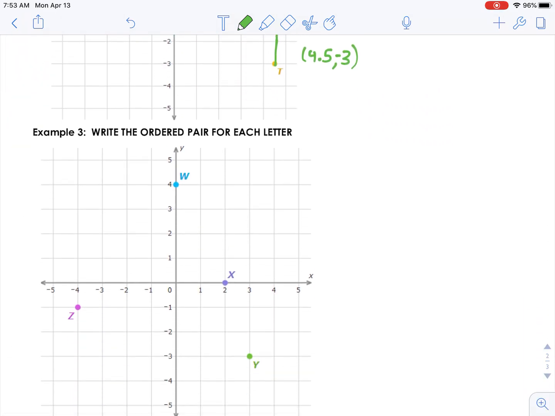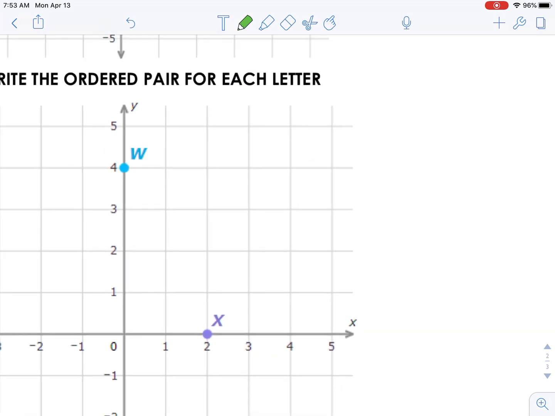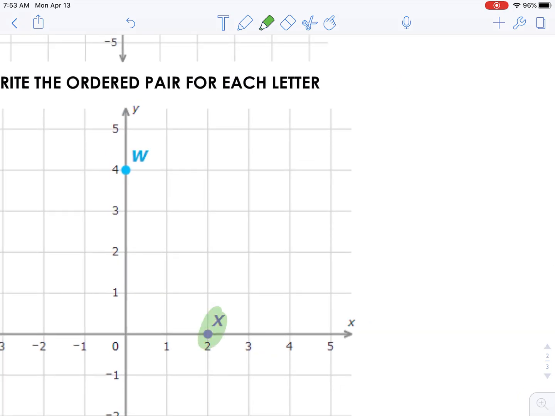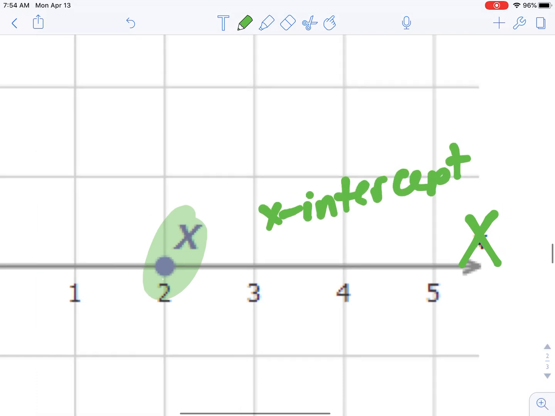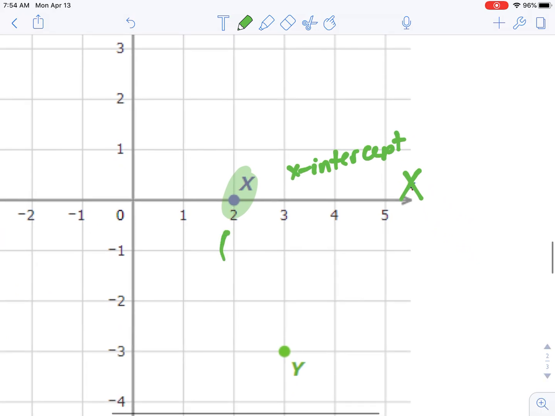For this one, I would like to practice the x and y. These are very important points that sometimes people get flip-flopped. When something touches the x-axis, they call it an x-intercept. And writing the ordered pair, it's very important what you put first. If we start at 0, we went 1, 2, but if we didn't go up or down, we're at 0.